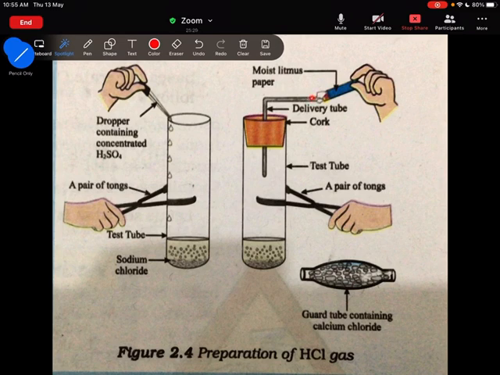Only wet HCl can produce H plus ions. Only wet HCl can change blue litmus to red. Since the gas is dry HCl, this hydrogen chloride gas will not change blue litmus red.